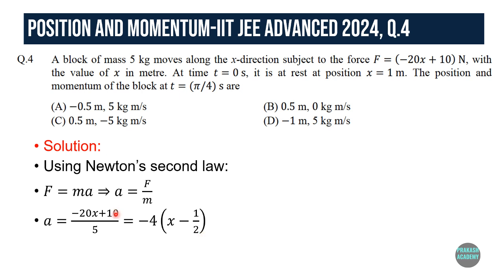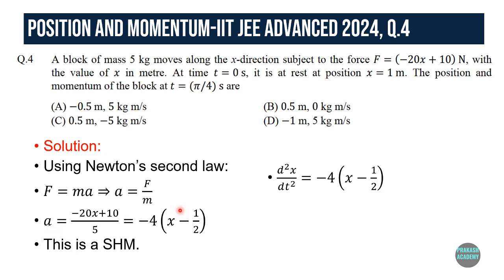Now if you see, the acceleration is related to the position x, and there is a negative sign also. This gives me a hint that this is a simple harmonic motion, SHM. Acceleration I can also write as dv by dt, and v as dx by dt.